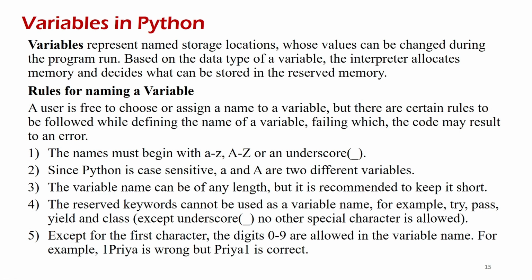This is a keyword, so we cannot give print as a variable name. Likewise, input also, and int also, which is a data type in the Python language. Except for the first character, the digits 0 to 9 are allowed in the variable name, like name1 to 3.